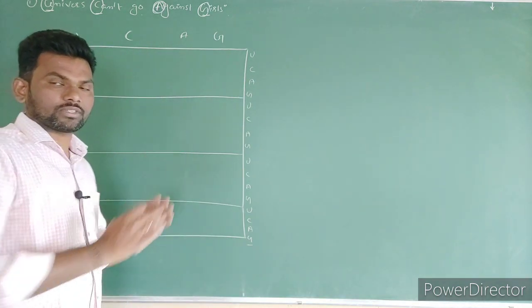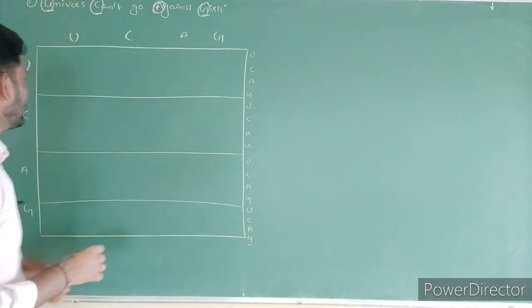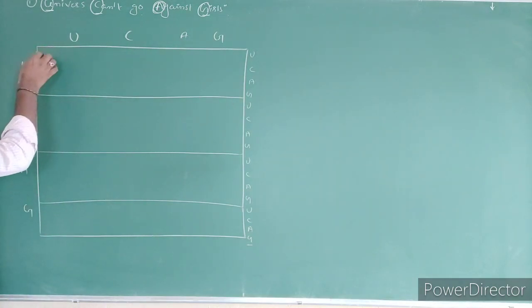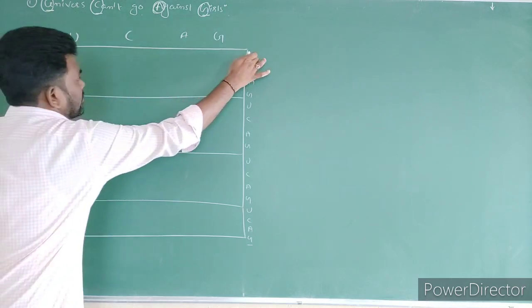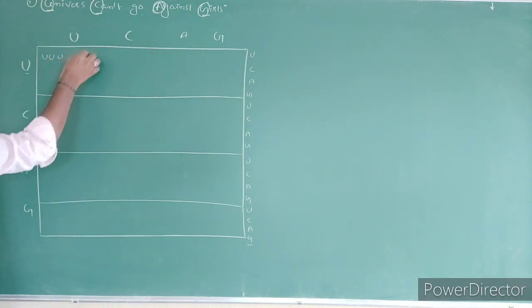So this is the first step. Then you can write, for example, first is U, second is U, and third base is U.